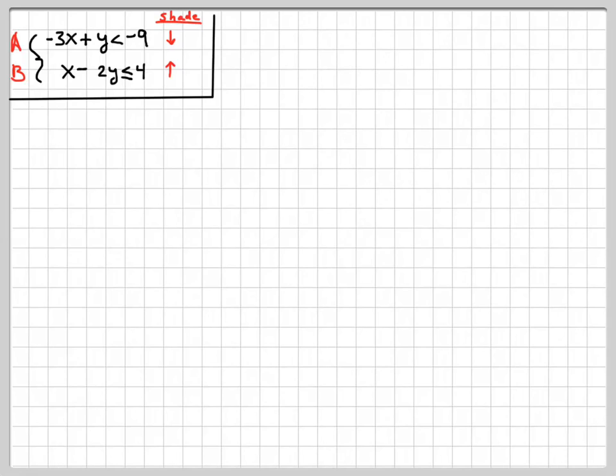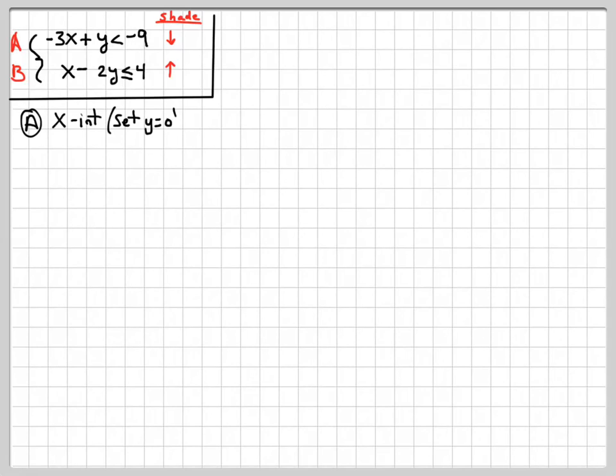Now, I'm not actually doing it, I'm just visualizing the y over on the right side. So if I move the negative 2y over to the right, it'll be a positive 2y on the right side, and then it'll be 2y is greater than. So that tells me to shade up. I will discuss a different way of knowing whether to shade up or down a little bit later.